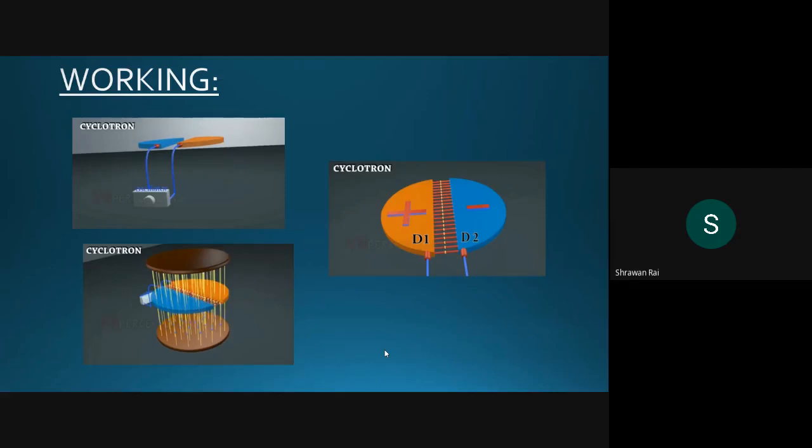Now, these two Ds are connected to two terminals of an alternating voltage source or an oscillator that helps in changing the polarity of the Ds. When D1 is positive, D2 is negative at the same time, and vice versa. In this way, when they oscillate, an electric field is created between them.